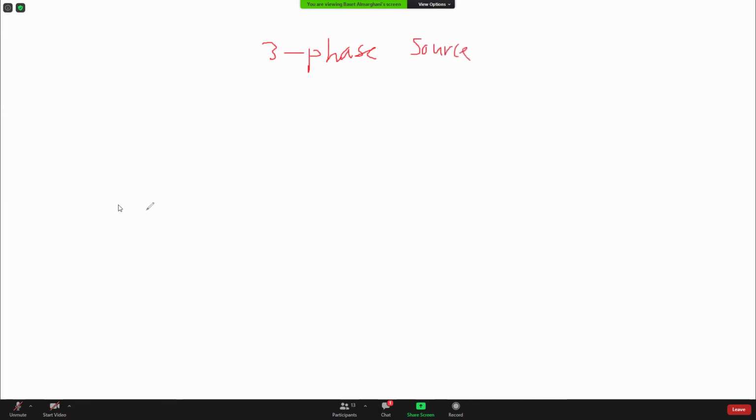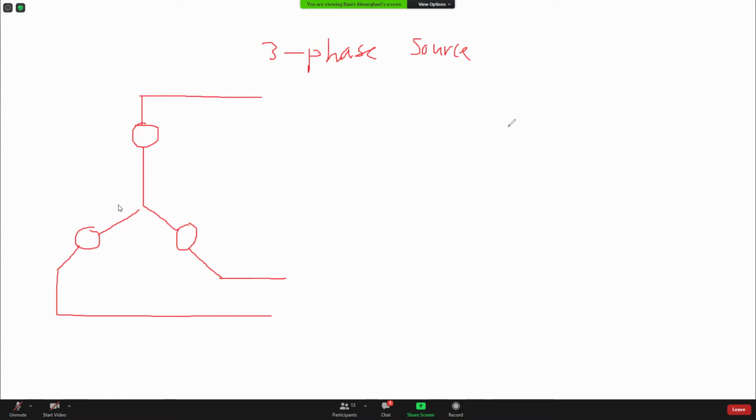We said this means 3 single-phase sources, either connected in Y like this, or connected in delta like this. So those are sources.